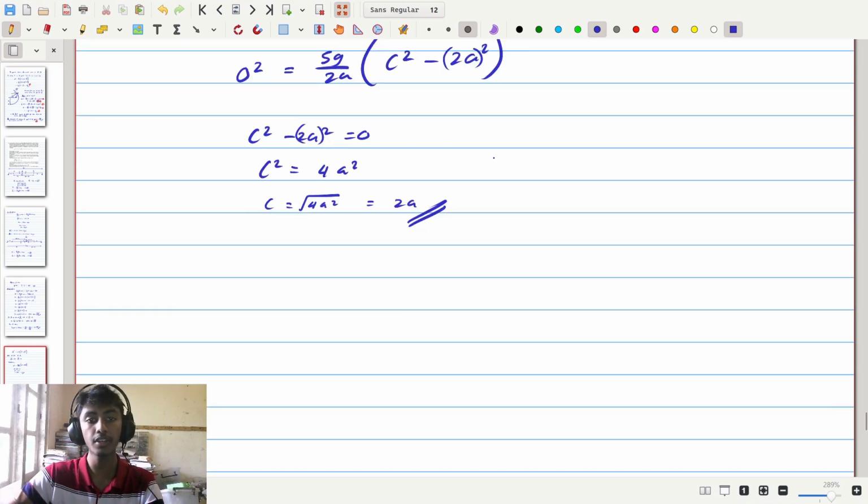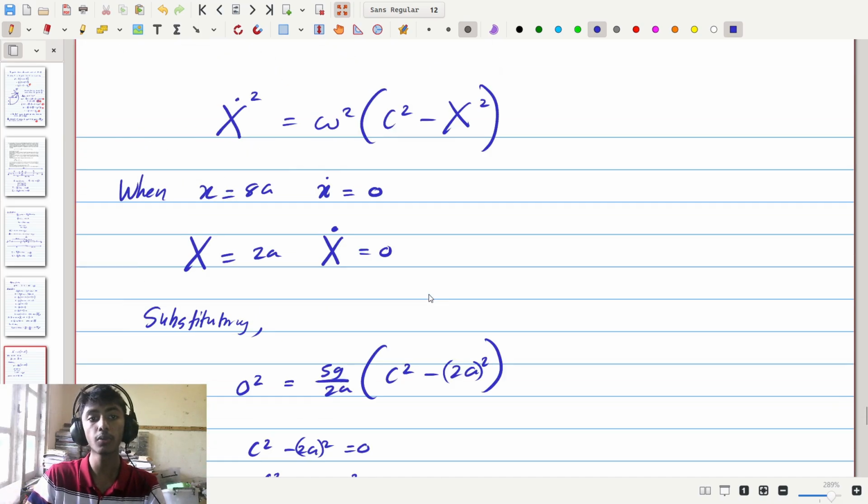Now given this, the next thing we were asked to find was the maximum velocity of the particle. So the maximum value of x dot, as we know from theory, is going to be equal to omega times the amplitude, or c times omega.